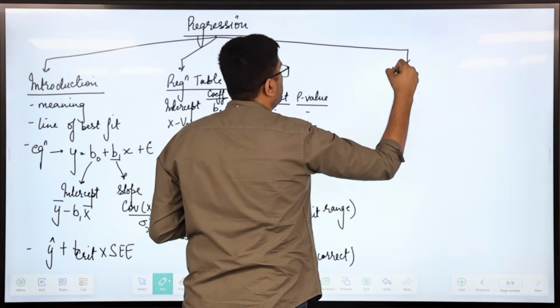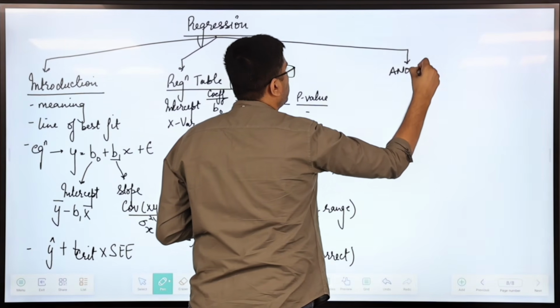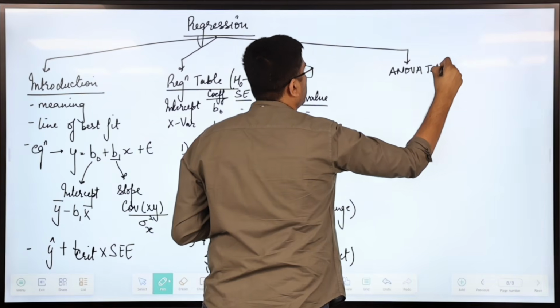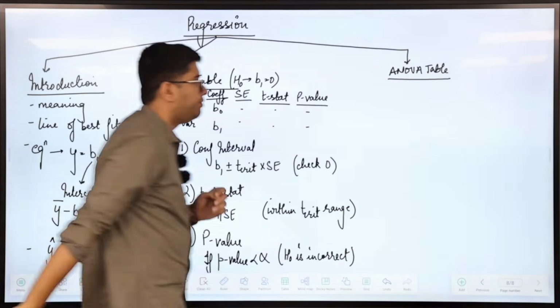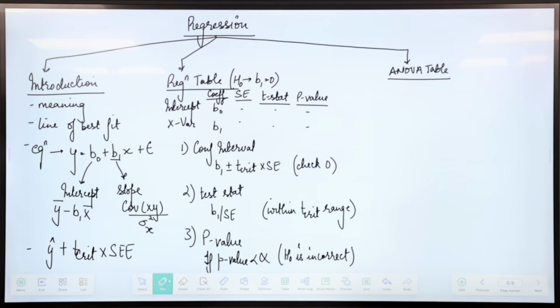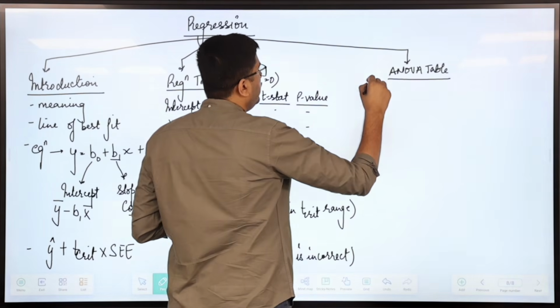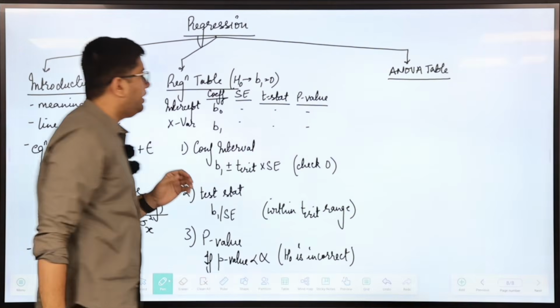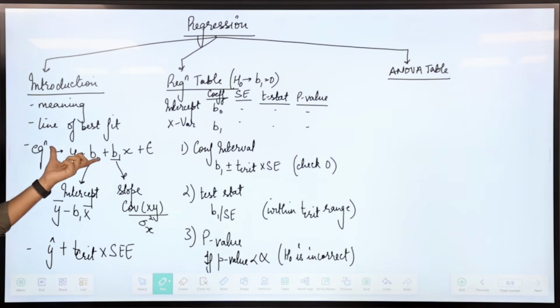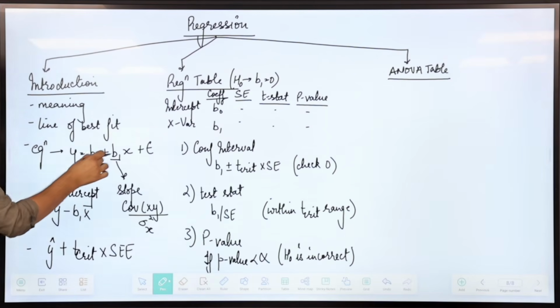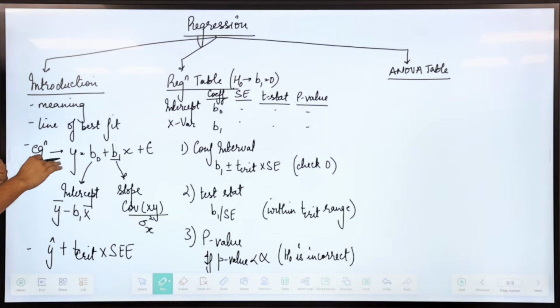Then we move to the ANOVA table. The ANOVA table is critical for checking the entire regression model as a whole. At level 1, our chapter's name is linear regression, which means you have one independent variable and one dependent variable.